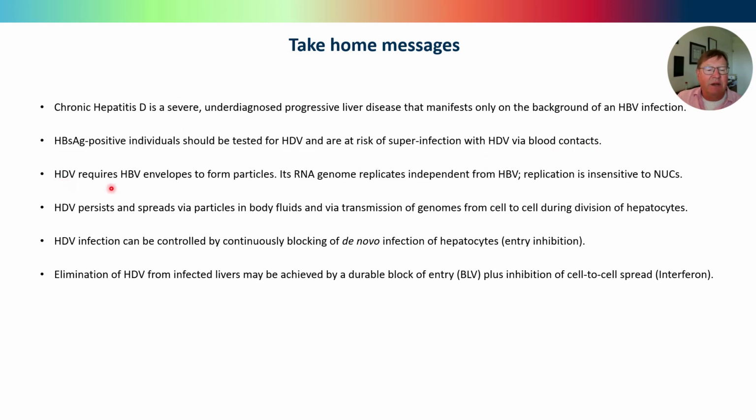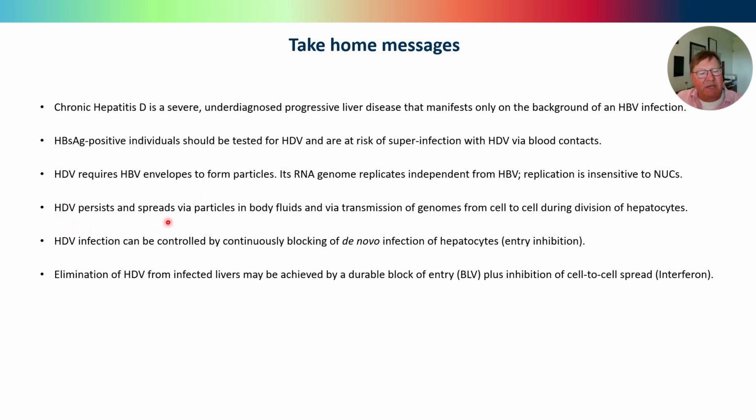The Delta virus requires the HBV envelope proteins to form particles, but its RNA genome replicates independent from HBV. That means that replication is insensitive to nuke treatment that is active against HBV. So we need different ways of treating.